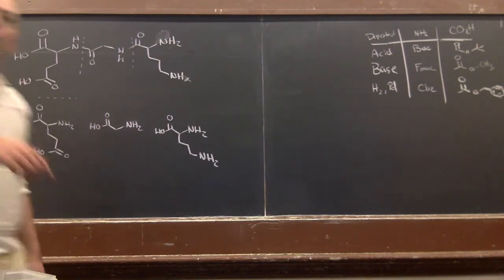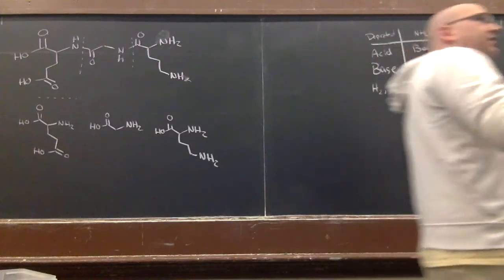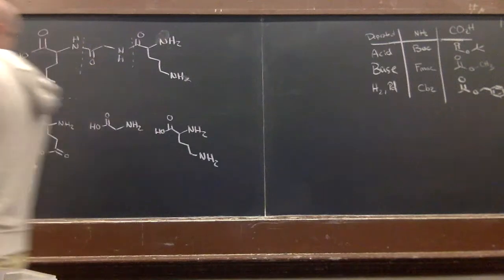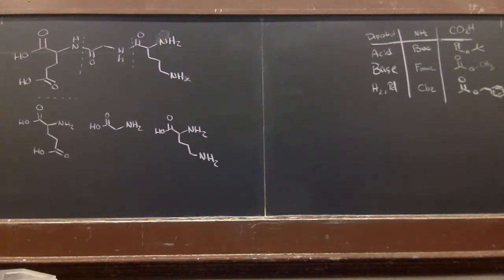But the point here is that we can't simply take these and do couplings, right? If we were going to start making this molecule, if we wanted to start with this guy, and then say, for example, couple this molecule with this molecule, and we want to make this amide bond, right? That's not going to be a selective process. You're going to get a whole bunch of mixtures.